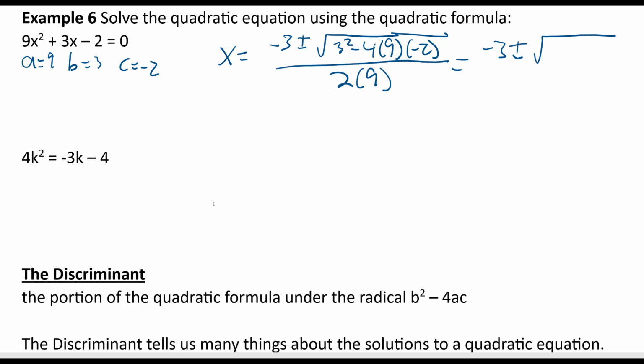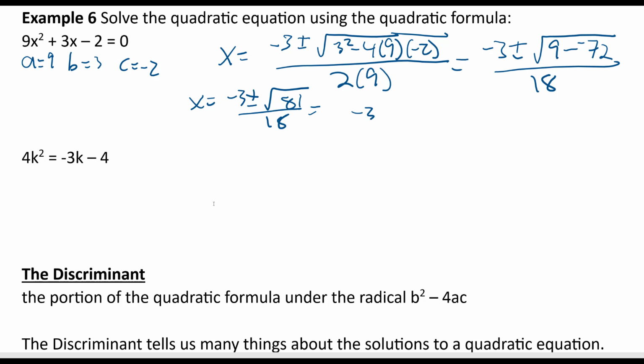So we have 3 squared is 9. Then 4 times 9 is 36, times negative 2 is negative 72, all over 18, since 2 times 9 is 18. So x is negative 3 plus or minus the square root of 9 minus a negative 72. A double minus, a negative, makes it plus. 9 plus 72 is 81, all over 18.